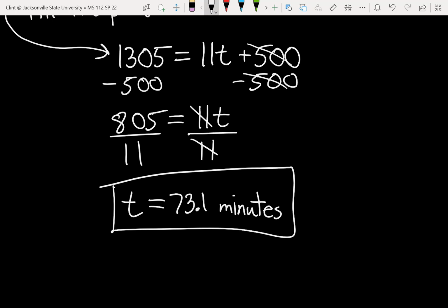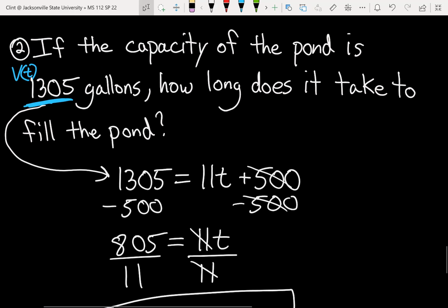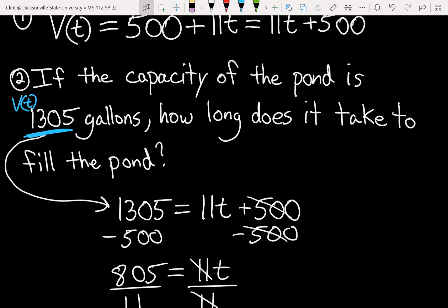All right. Questions? Hanging in there? So how do we know what number goes on the first side? Because V of T is how many gallons we've got after a certain amount of minutes. So we know we're trying to get to 1,305 gallons. So that's the number we put over on the other side.